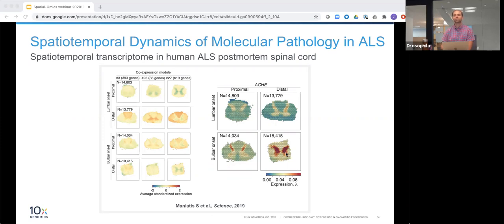Especially here, you can see pretty dramatically in the bulbar onset of the distal region a huge increase in gene expression of this gene ACHE, which has been linked very tightly to neuromuscular defects in ALS. So this was a really exciting paper that really demonstrates the power of this spatial transcriptomics technology.